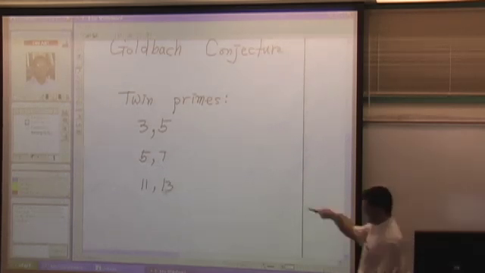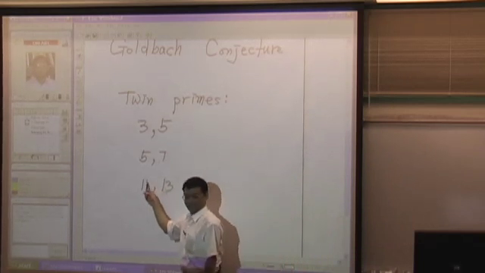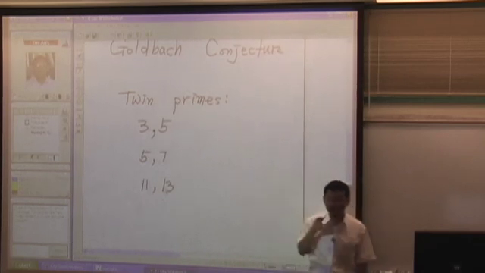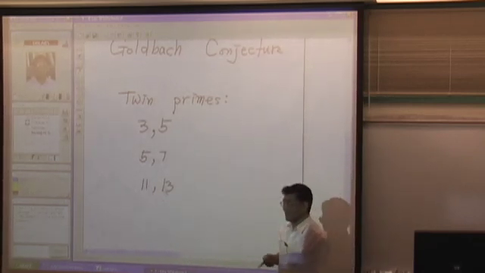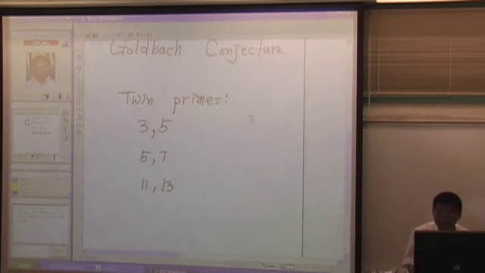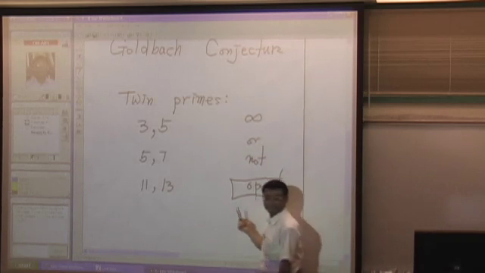Because if it is even it is automatically composite, right? So we should skip 2 numbers. So these are called twin primes. Then what is the question? Are there infinitely many of this sort or not? And this problem is still open. Nobody could prove it or solve this problem.